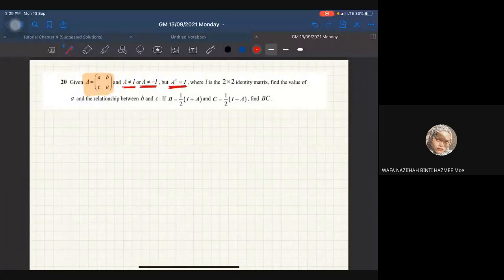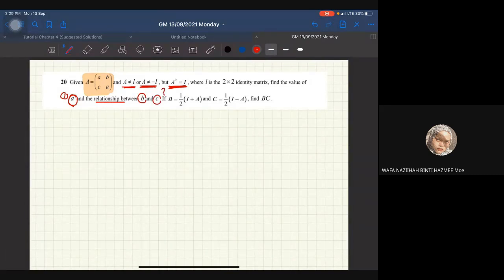Okay, so lagi disambung, I is the 2 by 2 identity matrix. Okay, and then find the value of A and the relationship between B and C. Okay, so dia kata find the value of A first. This is our first thing that we need to do. First step, and then relationship between B and C.